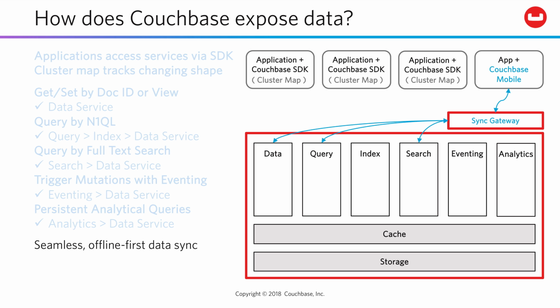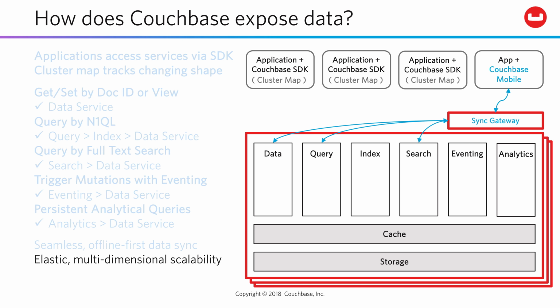These methods are accessible not only directly, but also via the offline-first architectures made possible by Couchbase Mobile. And it's worth remembering that although this illustration depicts all services on one node, in reality, your full cluster would be involved, with various services scaled on appropriate hardware, again, all tracked by the SDK cluster map.